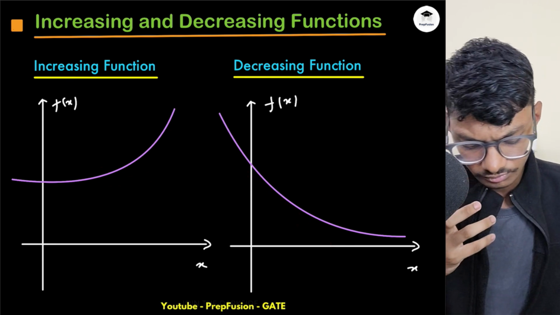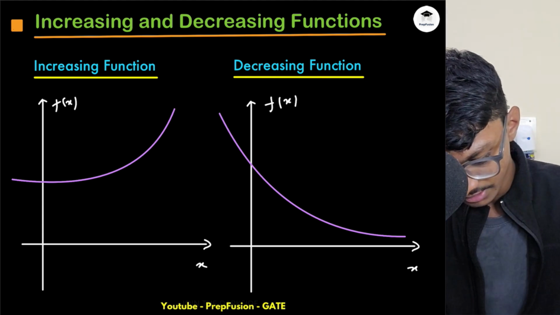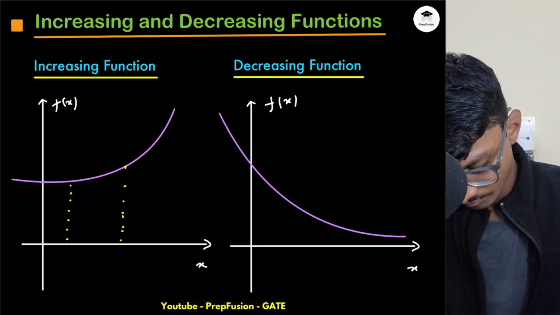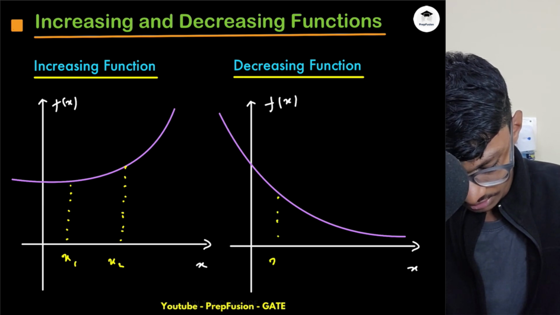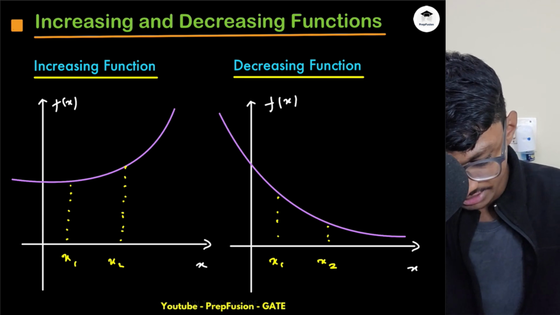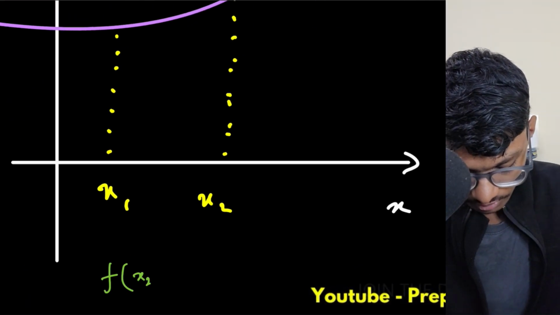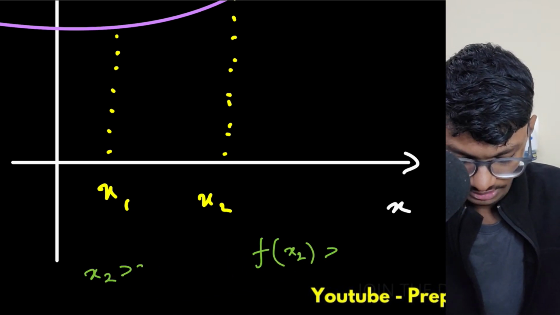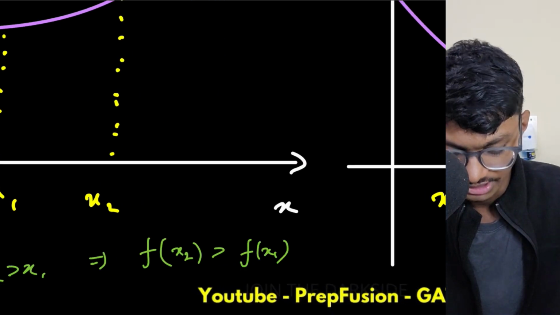Can we quantify this? Let's first take two points and write this mathematically. Here I have x1 and x2, and here also x1 and x2. I notice that as my x2 is greater than x1, my y value also increases.